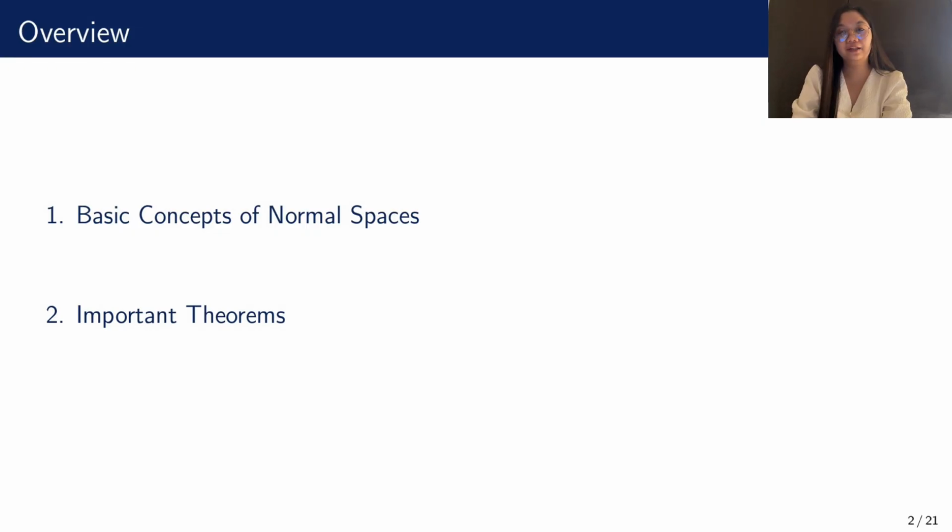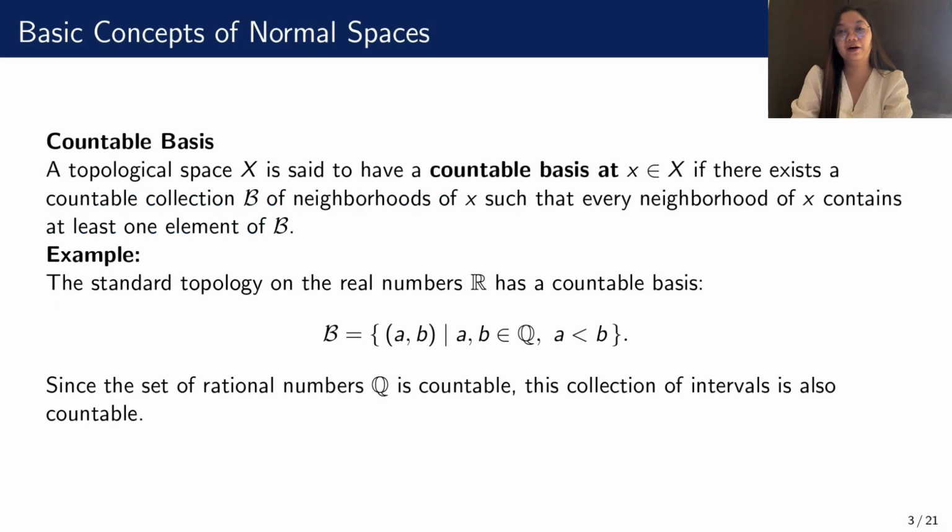I included those three definitions because it is very important in proving some theorems relating to normal spaces. And then I have also included three theorems, with outline proofs on how we can prove them.